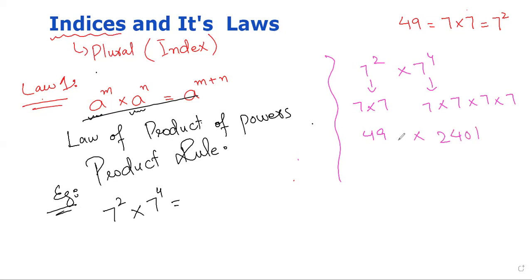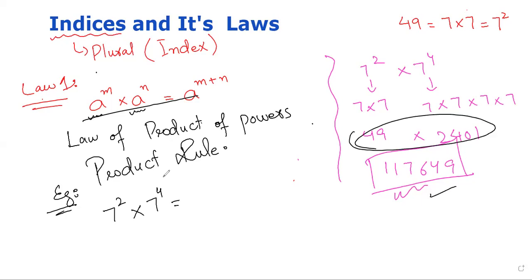And when you multiply it, it will give you 1,17,649. So basically, you need a calculator for this type of calculation. But the law of indices enables you to simplify this problem.